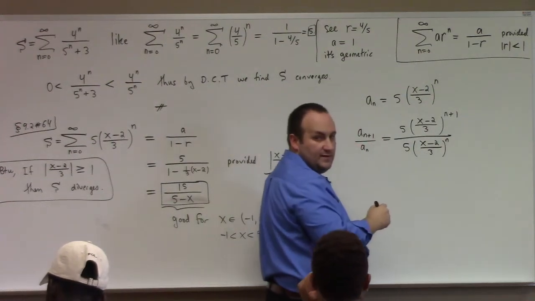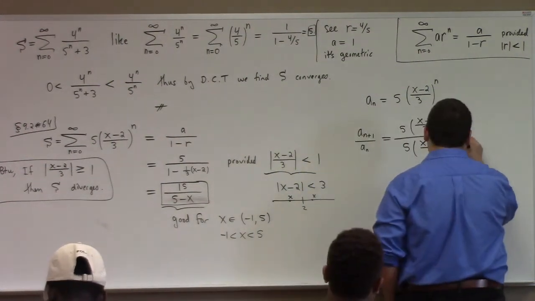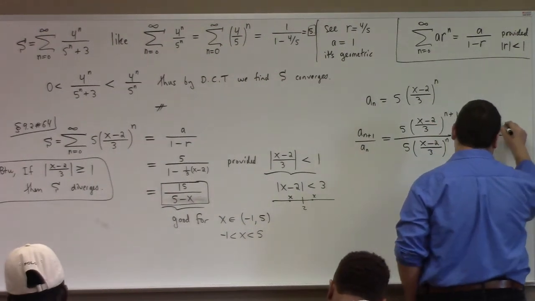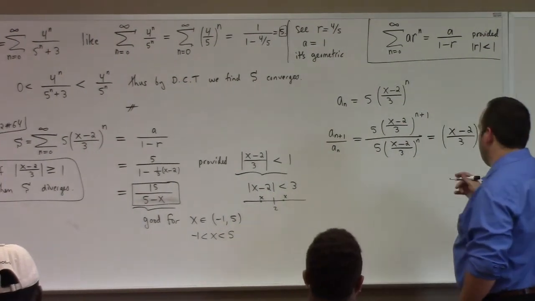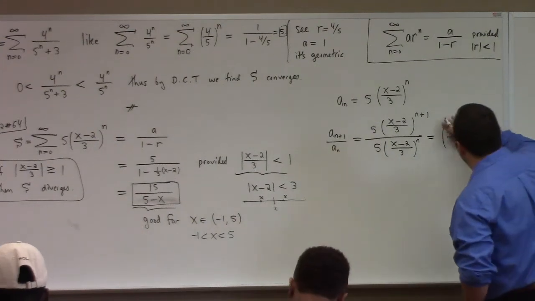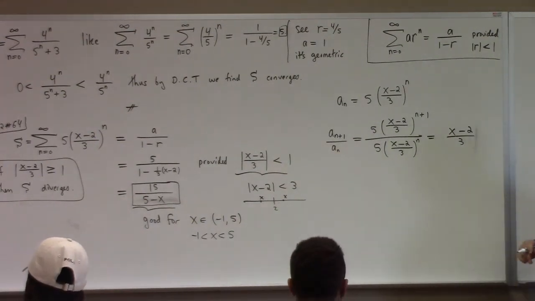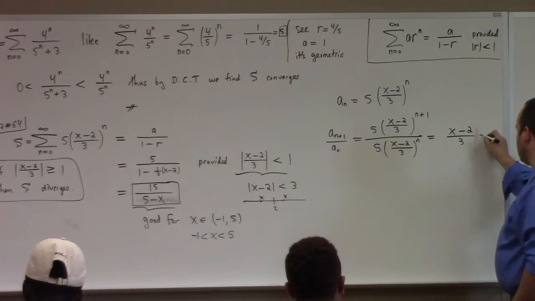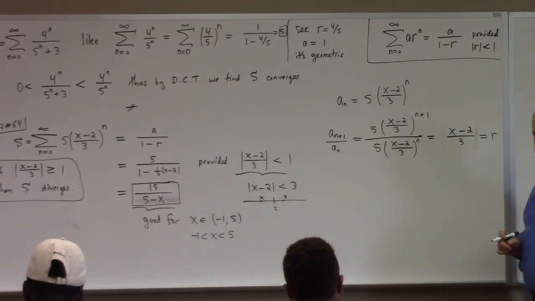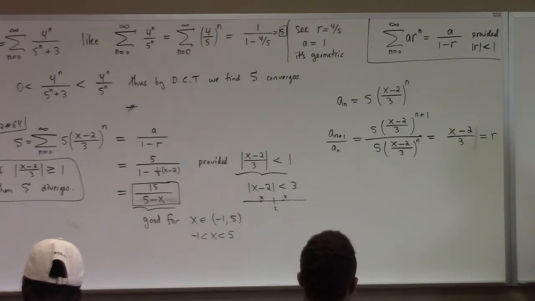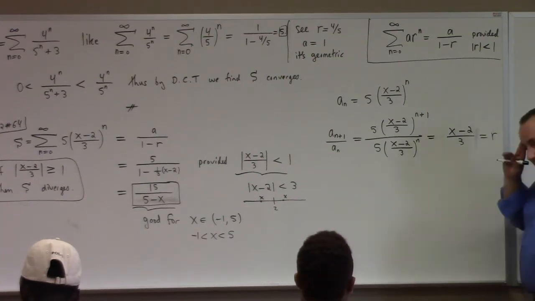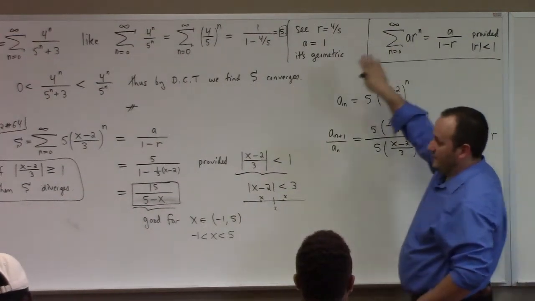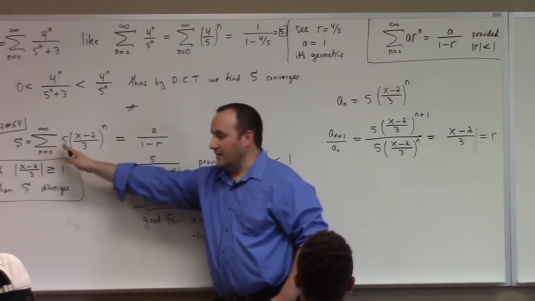Then you cancel the 5s, and you're left with (x minus 2) over 3. And of course, for x fixed, that's a constant. You don't need to do that for this problem, though, because by inspection, this is that pattern recognizing thing I was saying. If you just look at this, you can see that it's a r to the n.